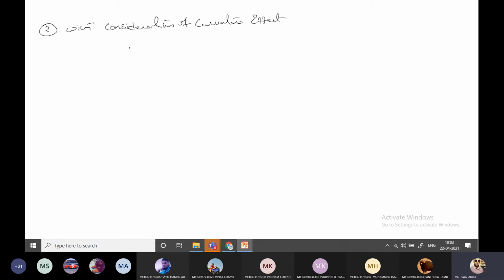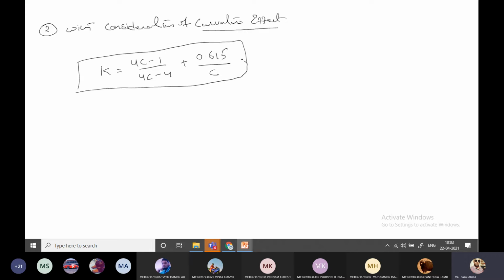With consideration of the curvature effect, we consider this equation: K equals (4C minus 1) by (4C minus 4) plus 0.615 by C. Remember, this K value is known as the Wahl stress concentration factor.